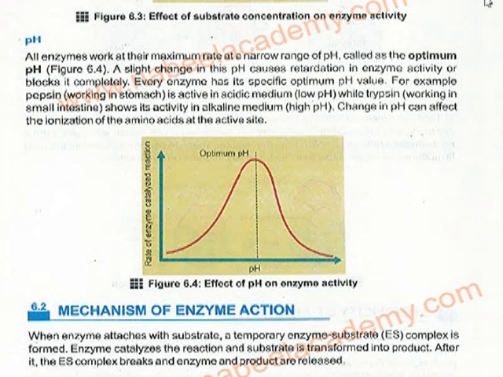You would have studied about the pH in your previous class. Actually pH is the level of acidity and basicity of a substance. It starts from 1 and it ends at 14.